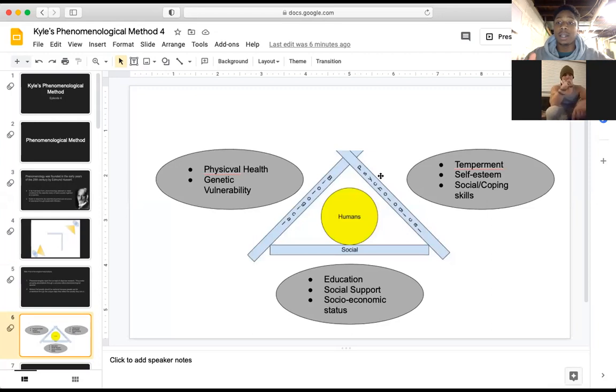Sometimes it'll reflect off the psychological side, sometimes off the biological side, and sometimes it's social. I don't know if those are the only 3 different mirrors you can have, but I think they're a pretty good starting base.